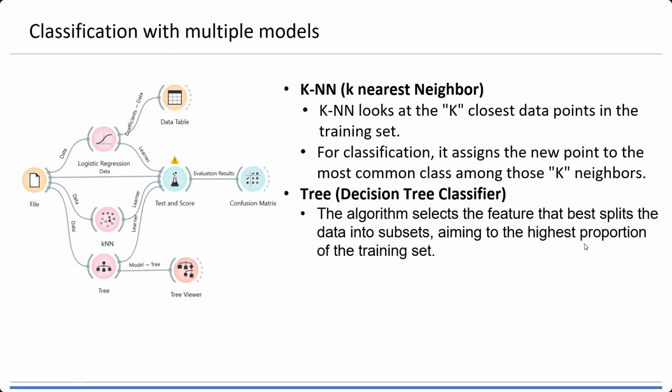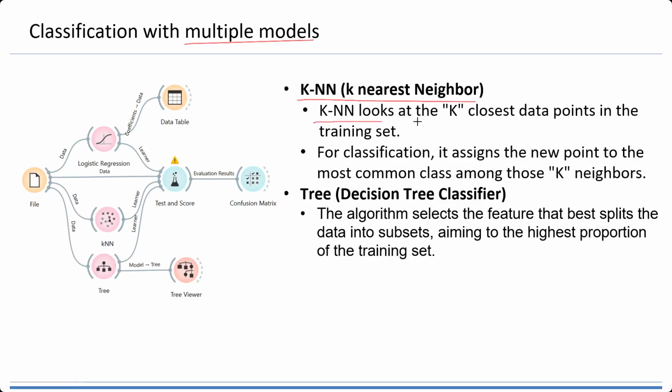Okay, for classification, we can also use several other models. We can use multiple models and check the performance of each. For example, last time we also used KNN, K nearest neighbor.